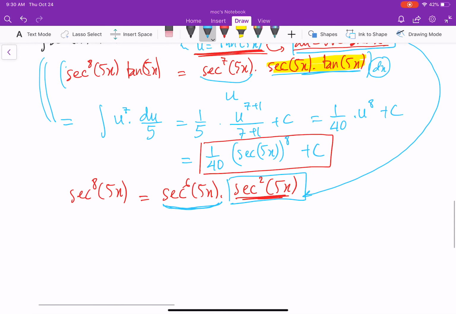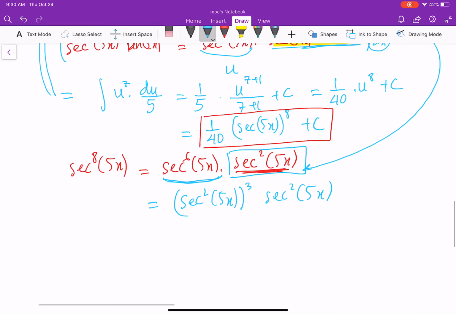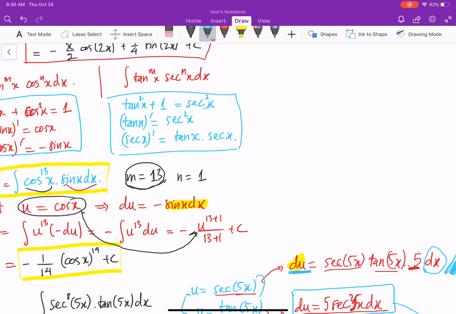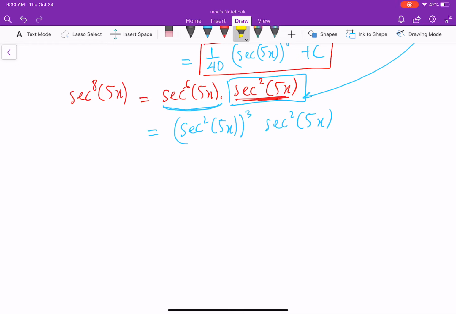Secant to 6 means secant square 5x cubed. The reason I rewrite in this form is because we want to use the relation between secant and tangent, that is secant square equal to tangent square plus 1. So my function looks like tangent square 5x plus 1, and then cube, and then secant square 5x.